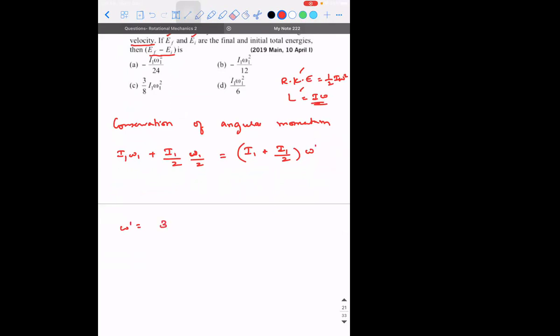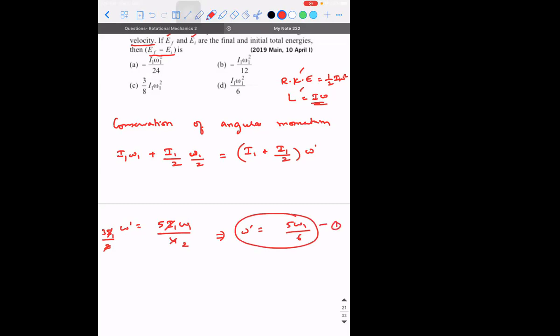On the left hand side it will be 5 I1 omega 1 by 4, and on the right hand side 3 I1 by 2 into omega dash. So I1 and I1, the 2 will get cancelled, which implies omega dash is equal to 5 omega 1 by 6. This is the common velocity attained.